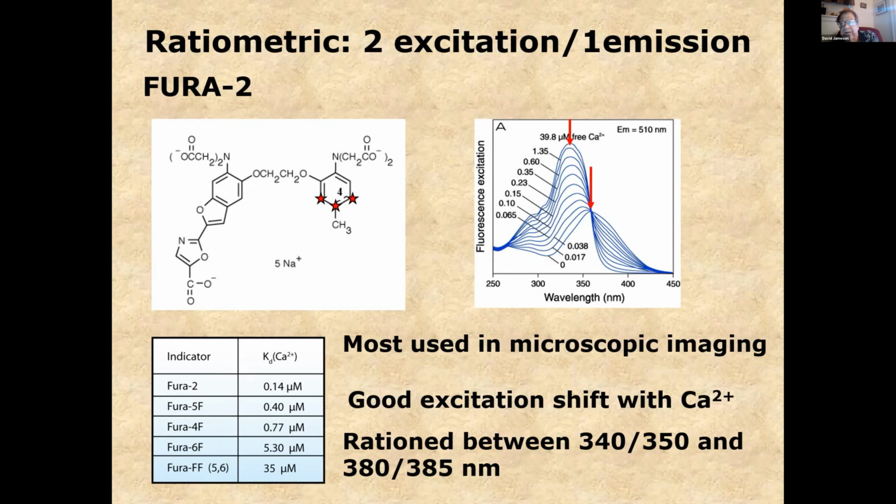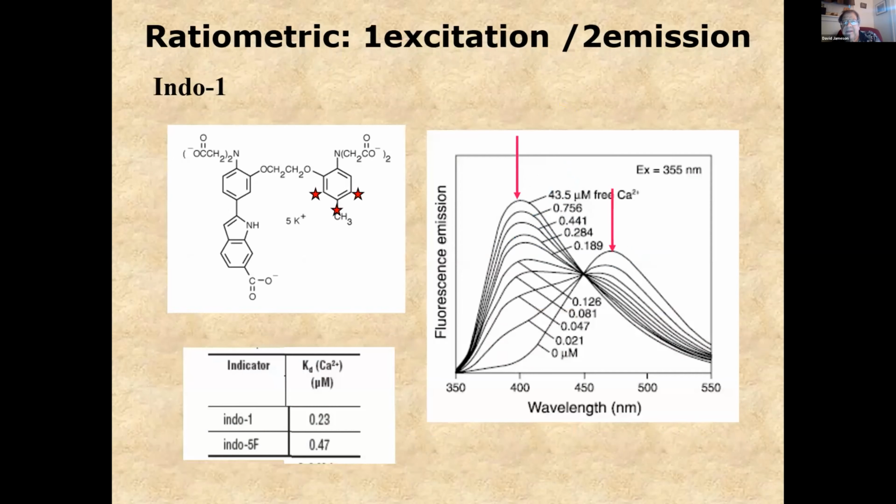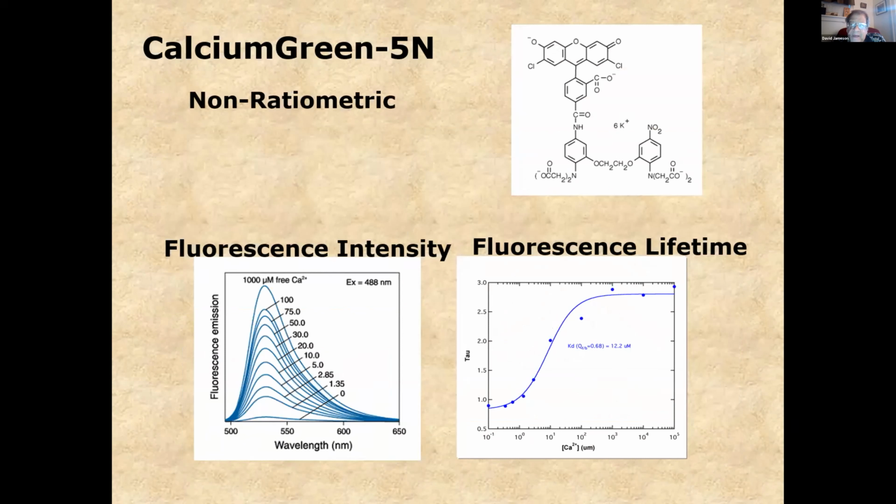So you look at two different excitation wavelengths, and the ratio tells you how much calcium. Indo was a very popular ratiometric one, where you change the emission. Then you get non-ratiometric ones like calcium green.